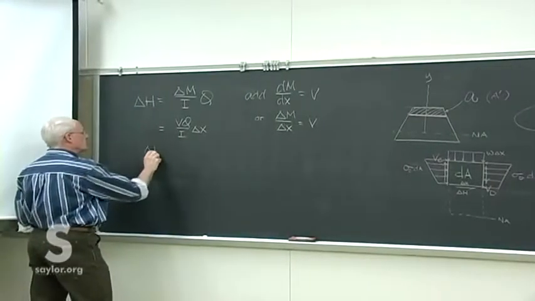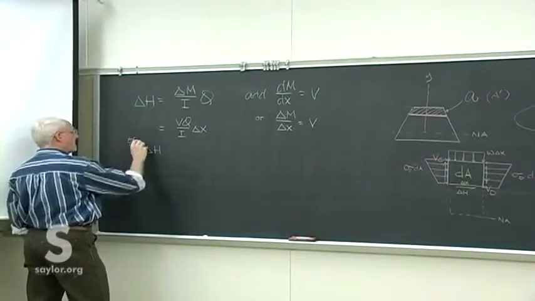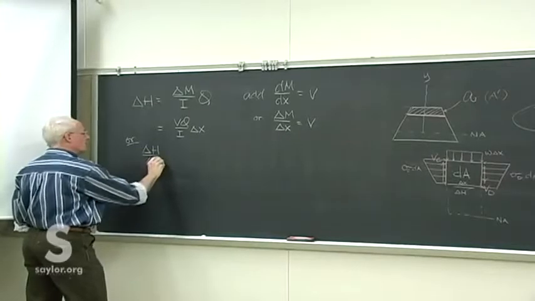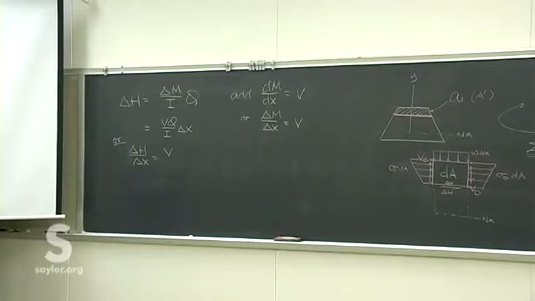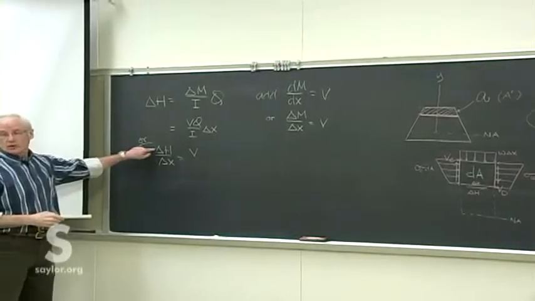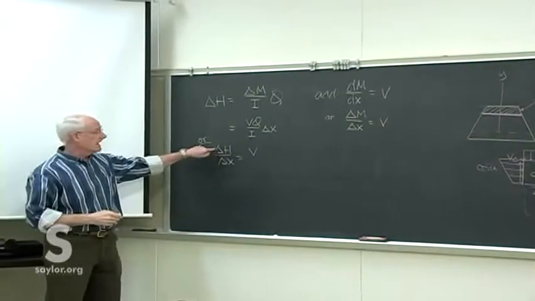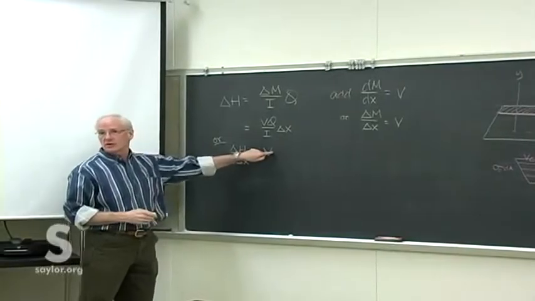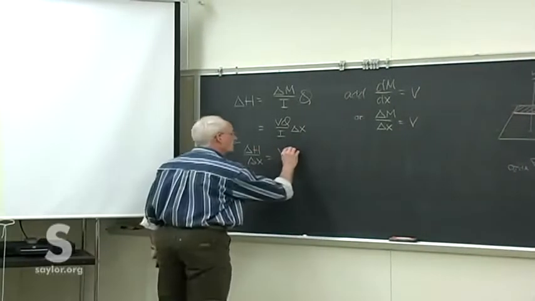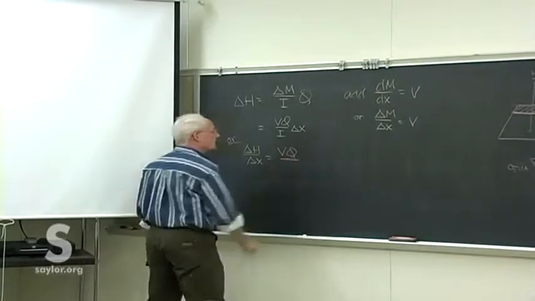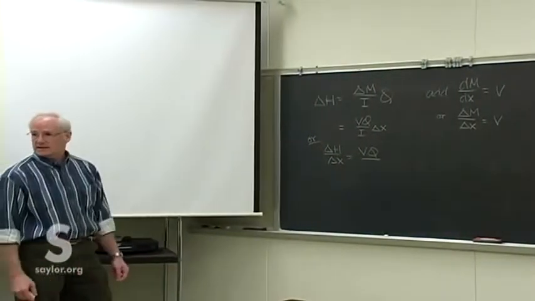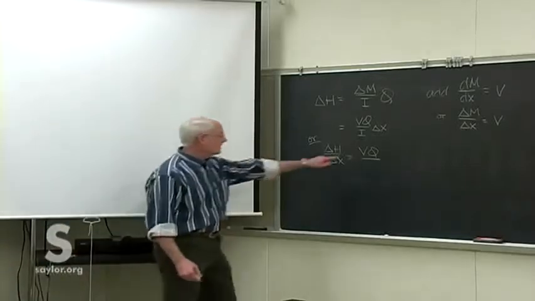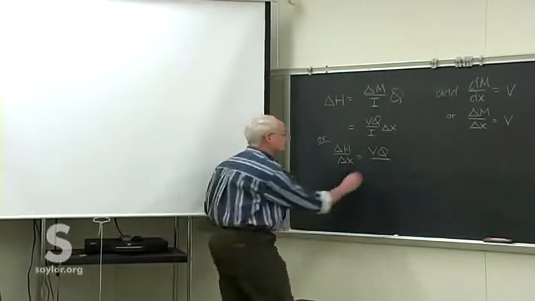Now we have the shear per unit length is the transverse shear. Remember, the longitudinal shear over here is delta H. This is the transverse shear that we've been calculating since about a third of the way into statics last fall, when we came up with this transverse shear.